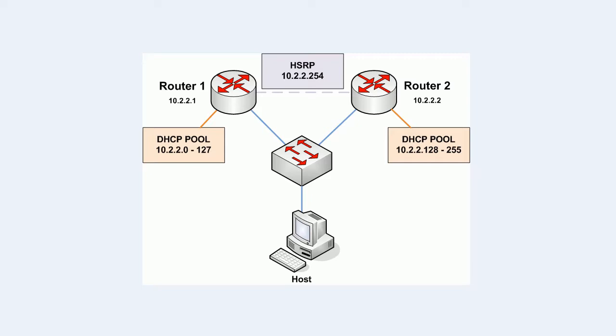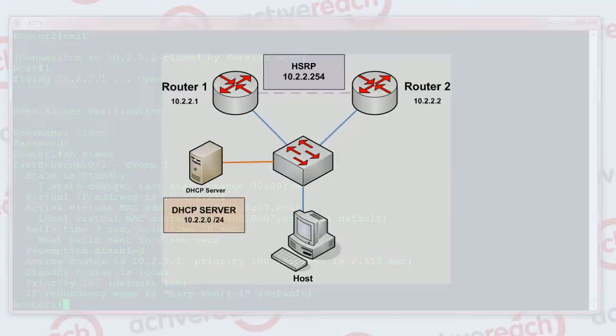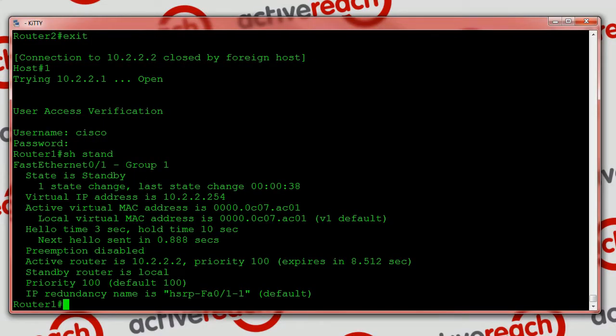But that's not particularly efficient, because you're effectively halving the amount of IP addresses on your network. Really, what you'd want is to have your DHCP server separate from your HSRP devices. That would be the best topology to have. So there's a quick look at HSRP and how that can help you have first hop redundancy on your network.